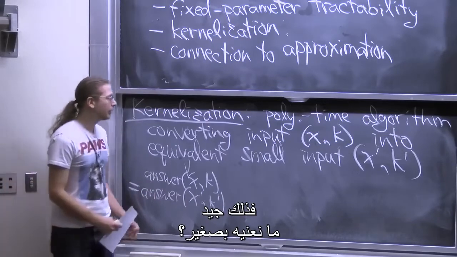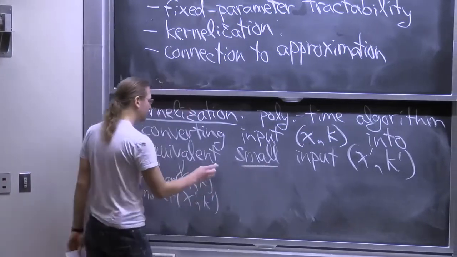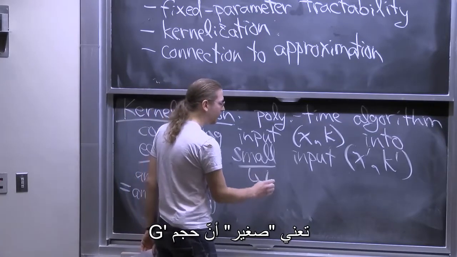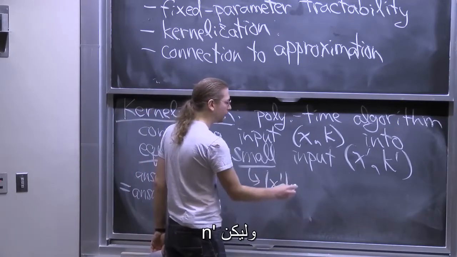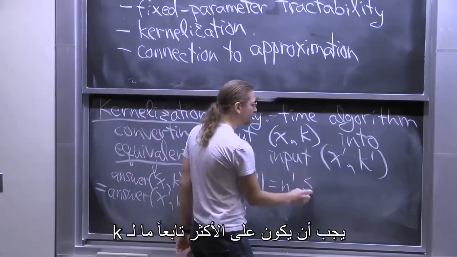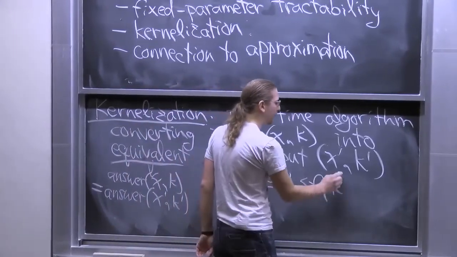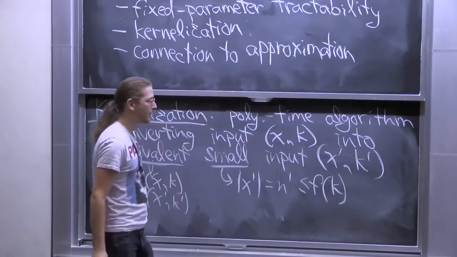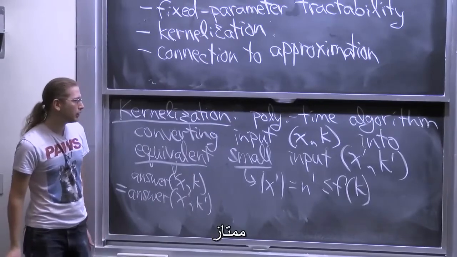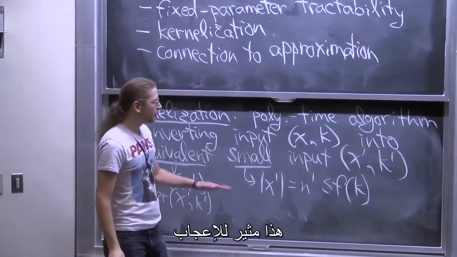So that's good. Now what does small mean? I need to define both of these. Small means that the size of x prime, which you might call n prime, should be at most some function of k. Cool. So this is interesting.